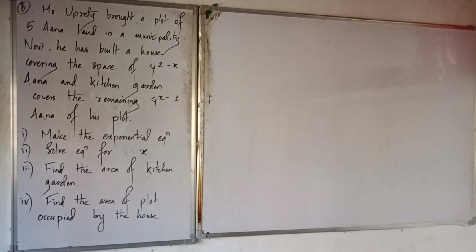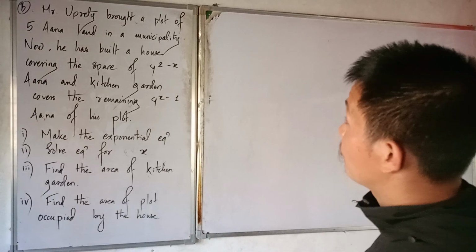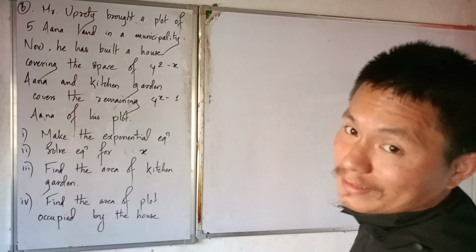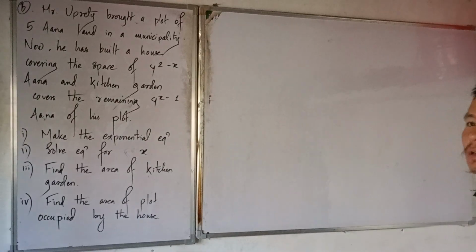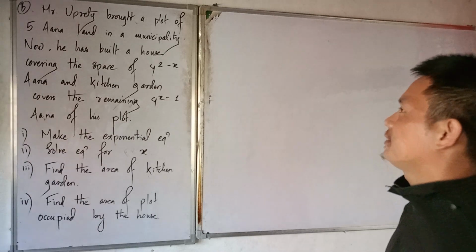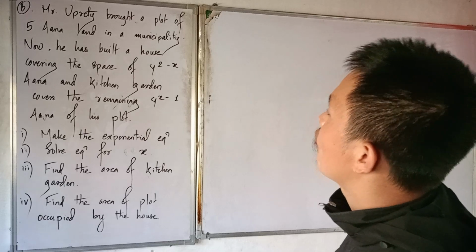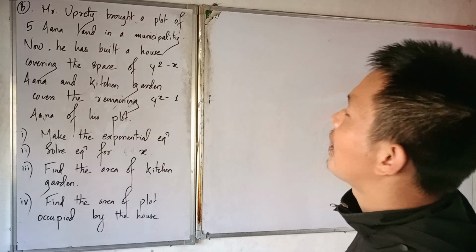In 12B, Mr. Upreti bought a plot of 5 ana land. That is his total land area, 5 ana, in a municipality. Now he has built a house covering the space of 4 power 2 minus x.